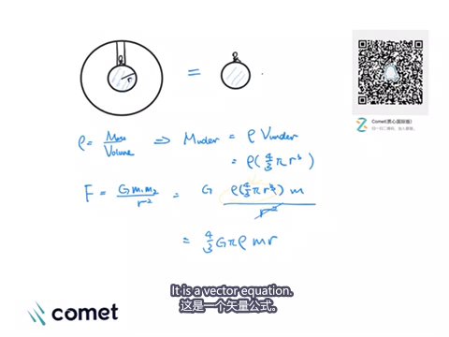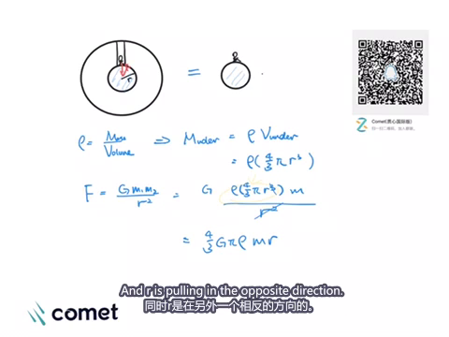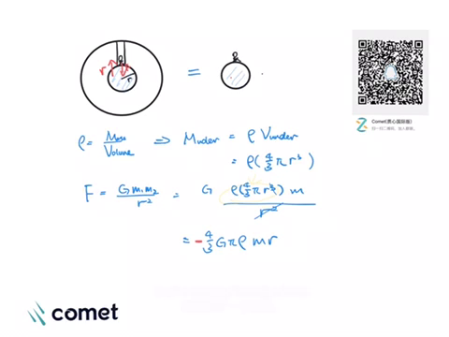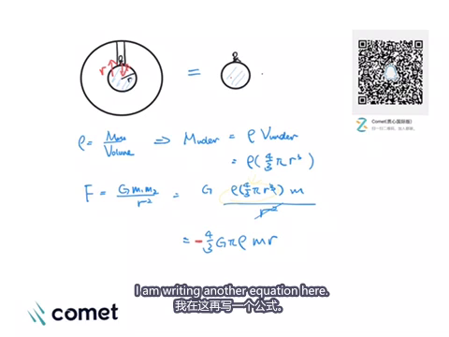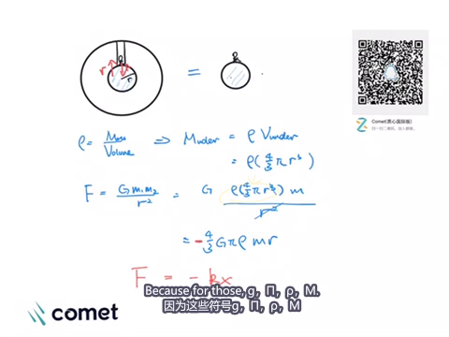It is a vector equation, thus for you, gravity is pulling downward to the center of the Earth, and r is pointing in the opposite direction. It gives a negative sign here. I'm writing another equation here. I wonder if you can see what's going to happen here.